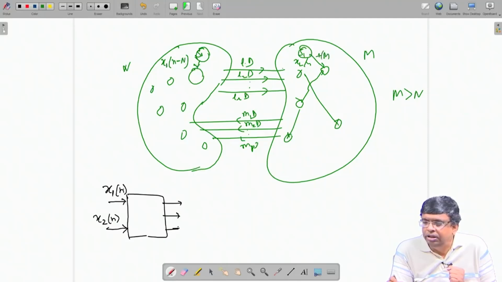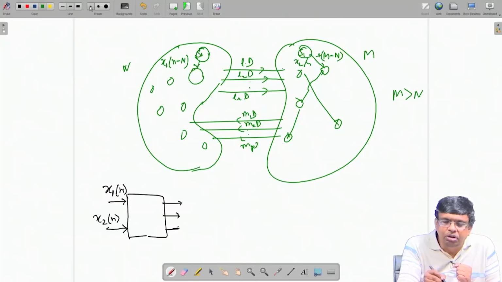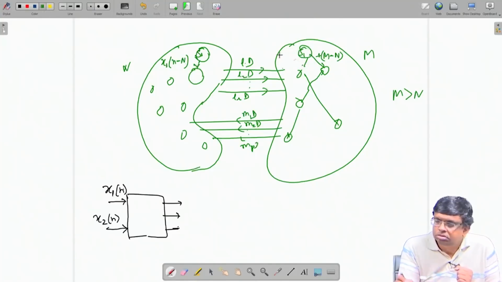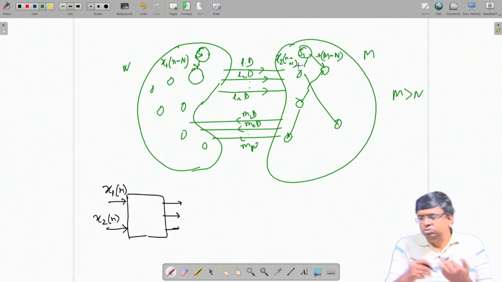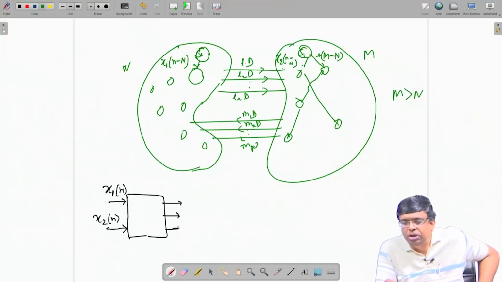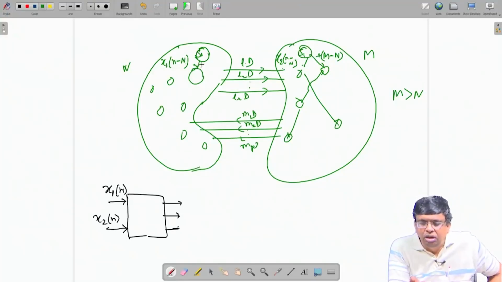The net delay that I will be left with is m minus n. This input will be x2, also delayed by the same amount. So both the inputs to the entire system are delayed by the same amount capital N, and therefore all node outputs will also be delayed by the same amount capital N. But on this side, whatever delay I had here remains as it is, nothing gets added. Here, whatever was to be added, plus m, gets reduced by n.